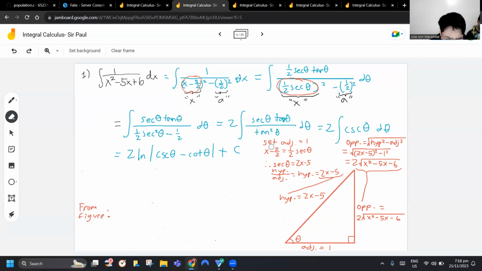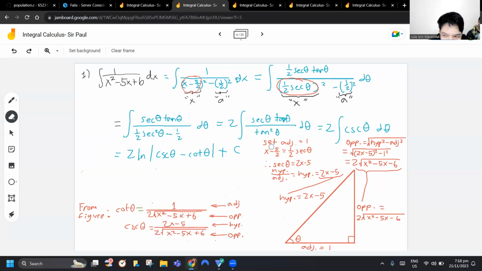Okay, so from the figure, the cosecant is hypotenuse over opposite, and the cotangent is adjacent over opposite. I've already labeled which is which. So now we can already substitute and simplify.